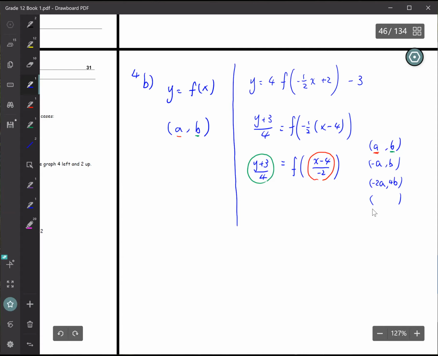And then translation, what kind of translation do we have? Moving to the left by 4? If you see a subtract 4, it's moving to the right by 4. Okay, x minus 4 means move it to the right side by 4.